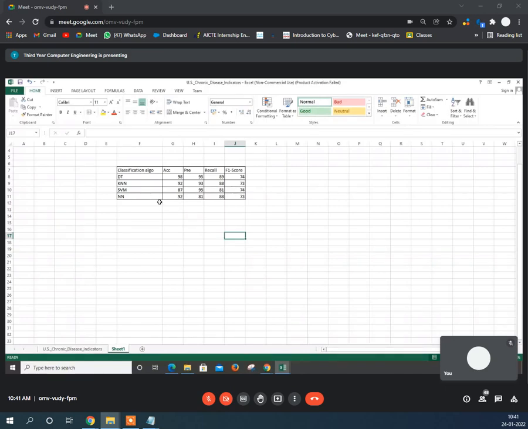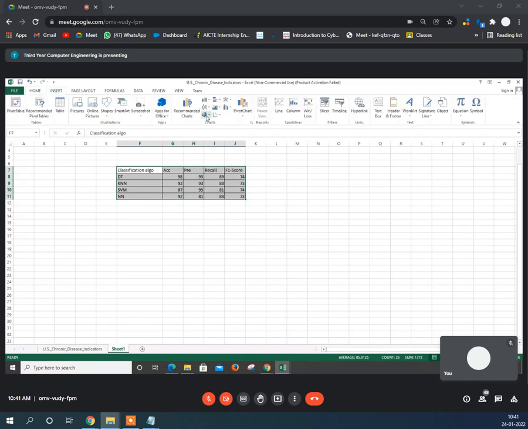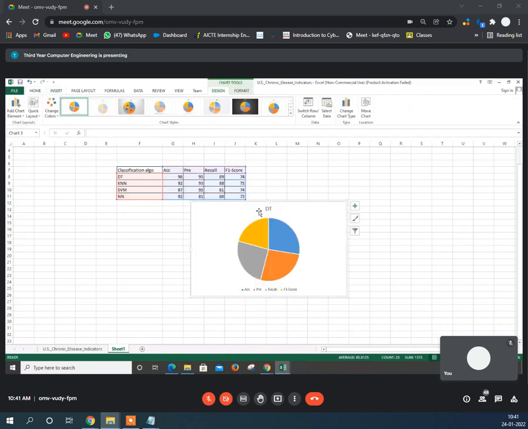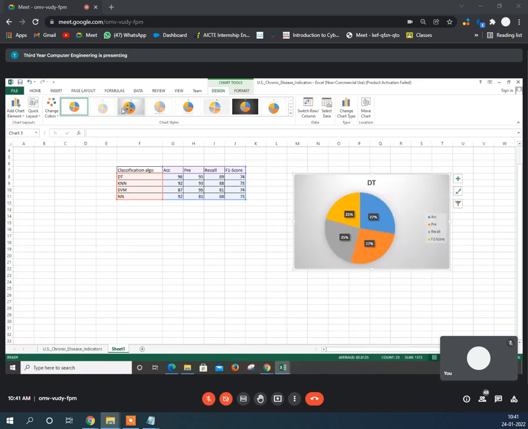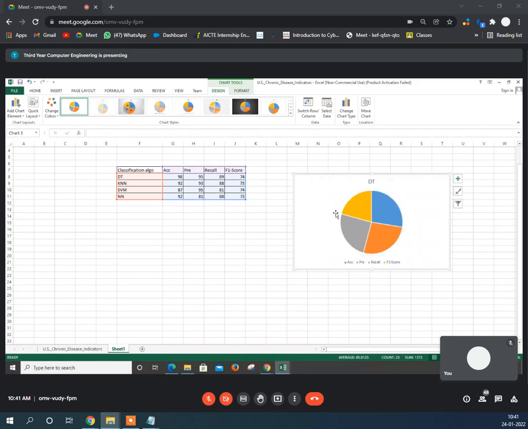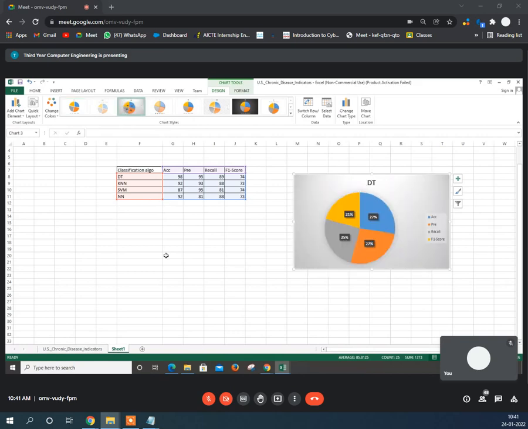Okay, so I select this again and draw the graph. I choose this pie chart to display the information. So now this is an individual. Your decision tree will display the data. What about others? If I use something like this, it will display the data in terms of values, 21%, 25.